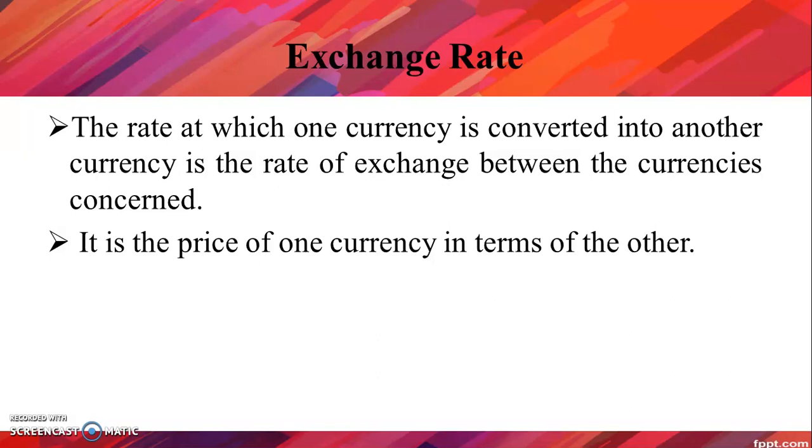For instance, if an Indian bank exchanged US dollar for Indian rupees at rupees 65 a dollar, the exchange rate between rupee and dollar can be expressed as US dollar 1 equal to rupees 65.